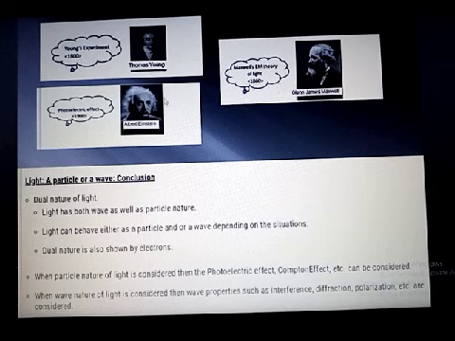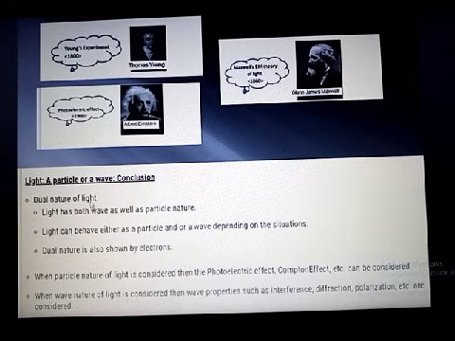And Albert Einstein's photoelectric effect in the year 1900. Einstein also tried to prove it, and while the discussion went on about whether light is a particle or a wave, as a conclusion they said that light has dual nature.